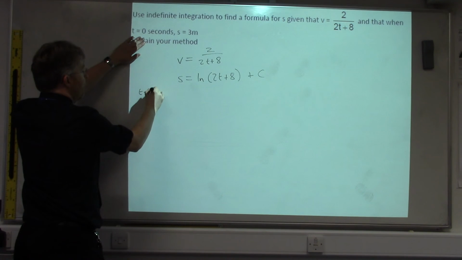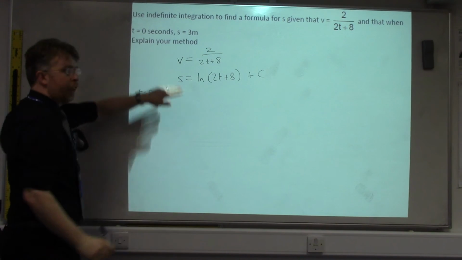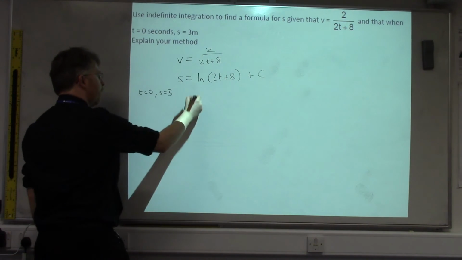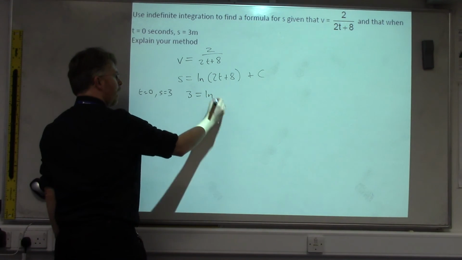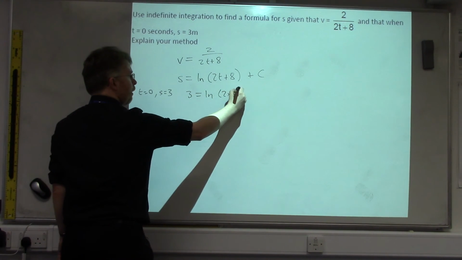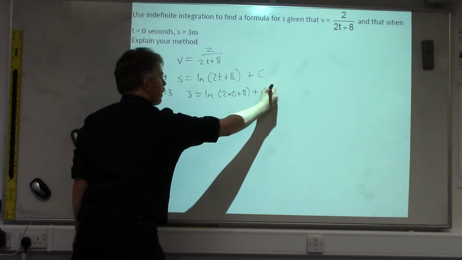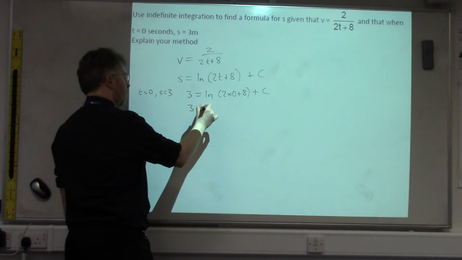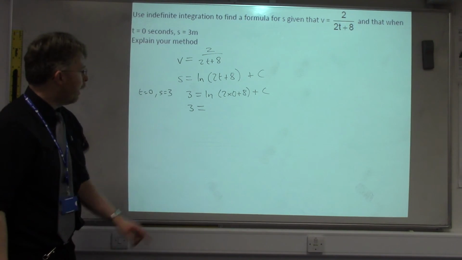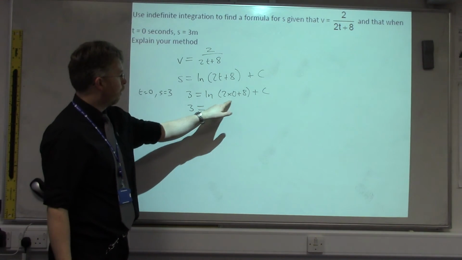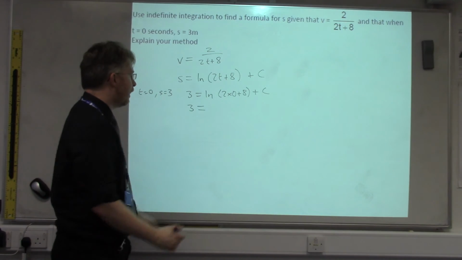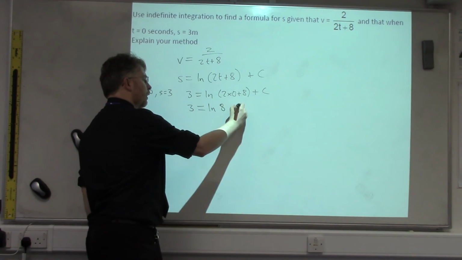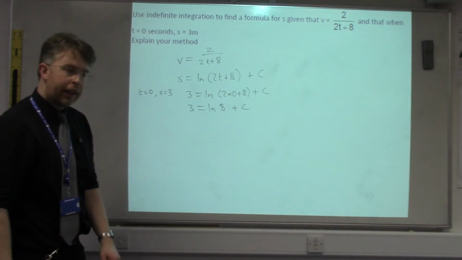Again, we're told that when t equals 0, s is equal to 3, so we substitute those numbers in. So 3 equals ln of 2 times 0 plus 8, plus c. So 3 is equal to, well, 2 times 0 plus 8 is 8. So ln of 8 plus c.